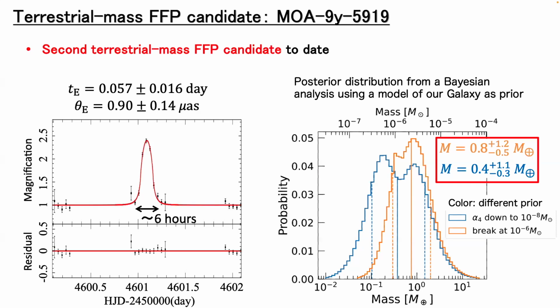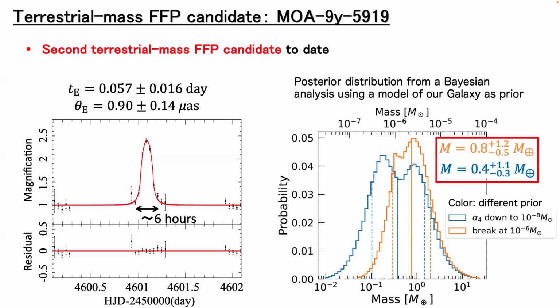I'm not sure I understand your question well, but since we are not sure that the mass function extends to the lowest mass that our sample has sensitivity to, this is why we use these two different priors.